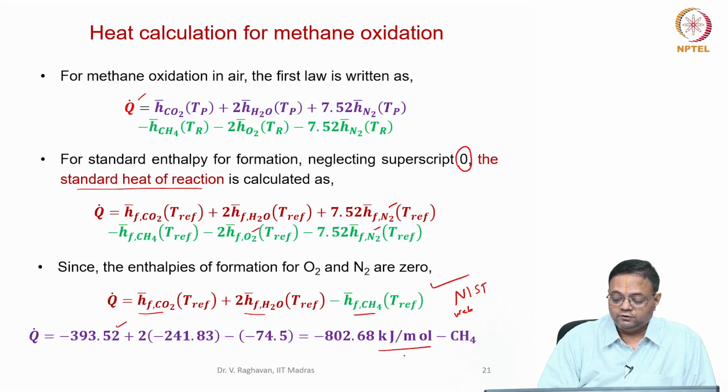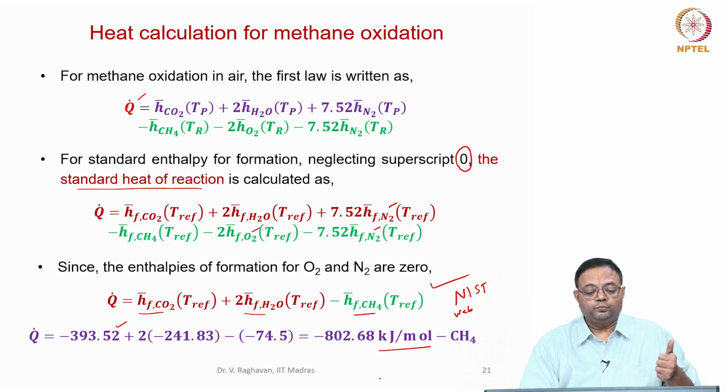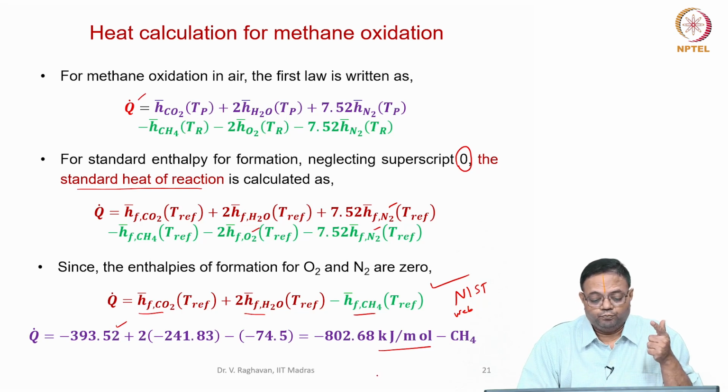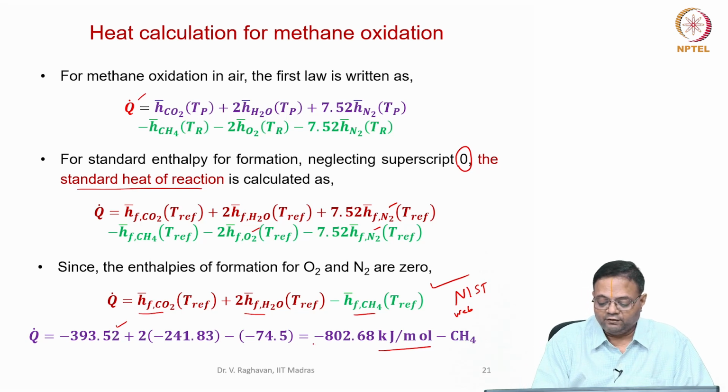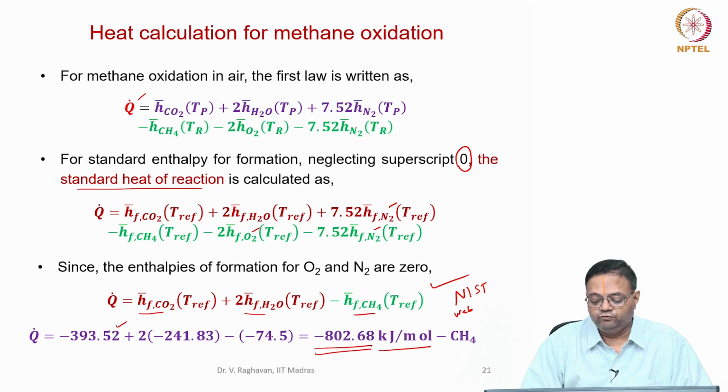So, when you do this, the standard heat of reaction for methane is obtained as minus 802.68 kilojoule per mole of methane.